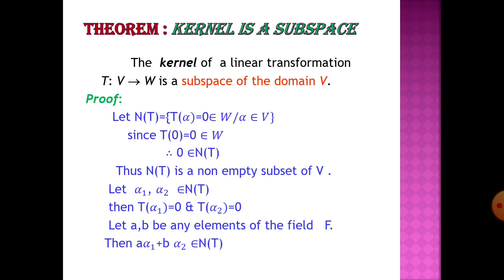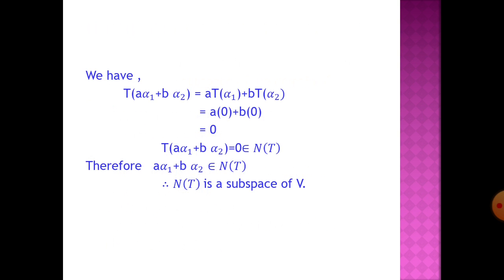Again we use the equivalent condition for N of T to be a subspace of V. Let me take two elements from N of T, alpha 1 and alpha 2. Then by the definition of N of T, T of alpha 1 equals 0 and T of alpha 2 equals 0. Let me take two elements from the field, a and b. We want to show that a alpha 1 plus b alpha 2 belongs to N of T. We have T of a alpha 1 plus b alpha 2, which by the linear transformation definition equals a times T of alpha 1 plus b times T of alpha 2.